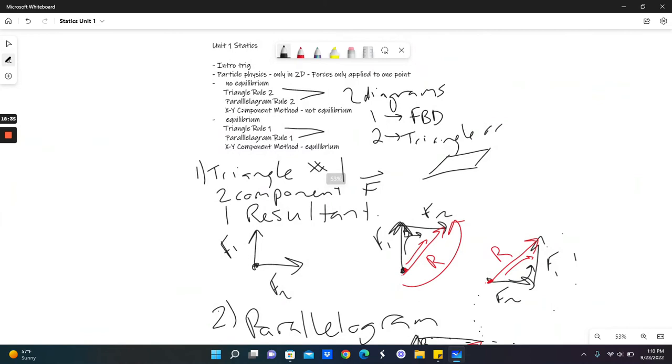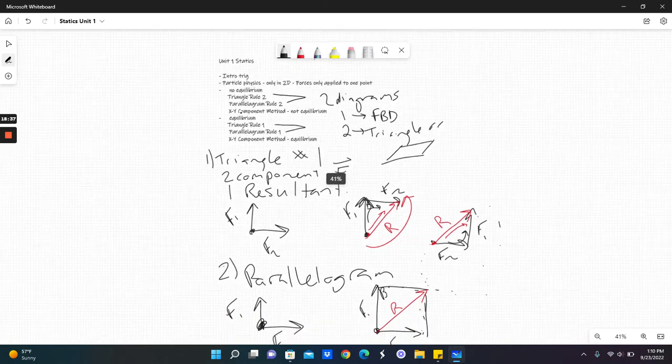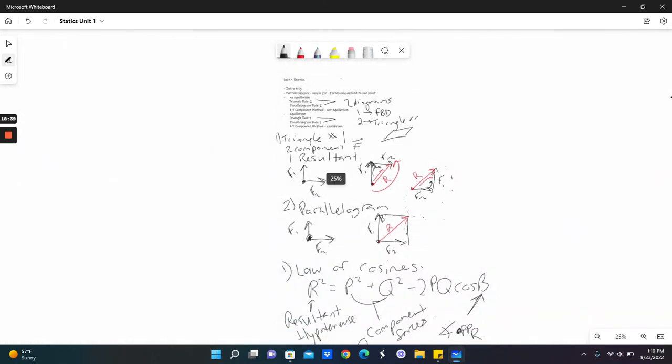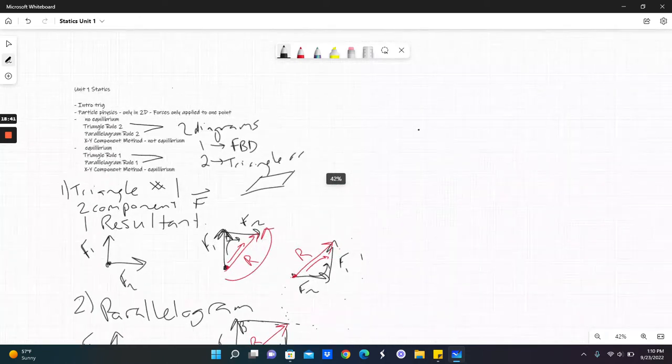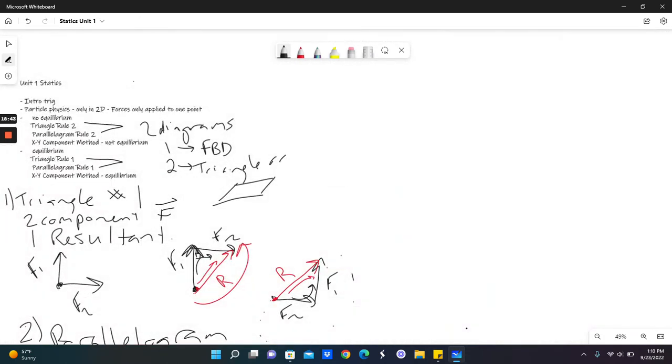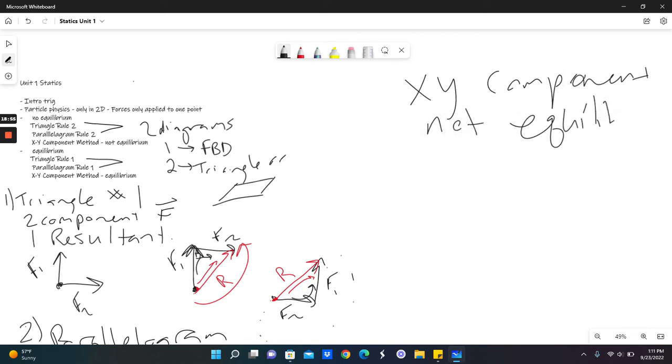So when we are working not in equilibrium conditions, how do we handle the XY component method? How do we do this? So my advice here was to create a table.